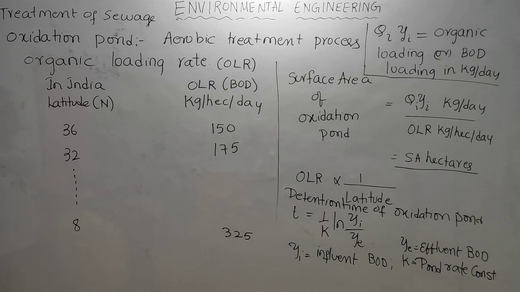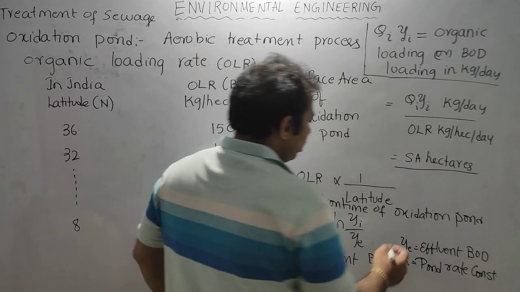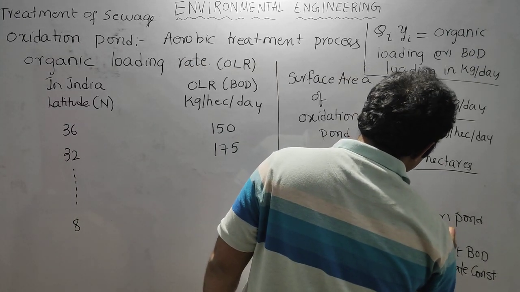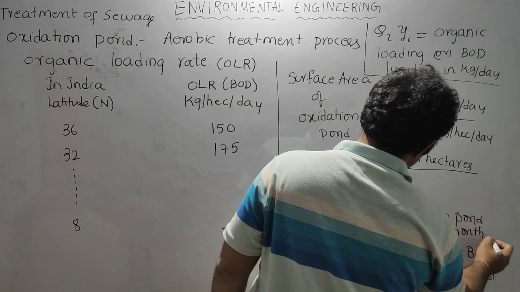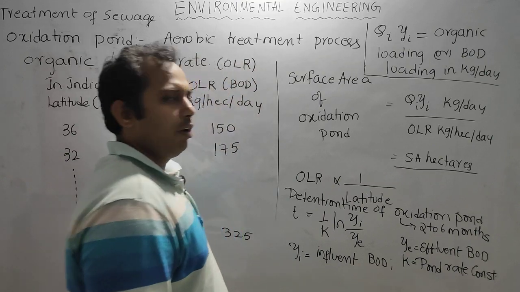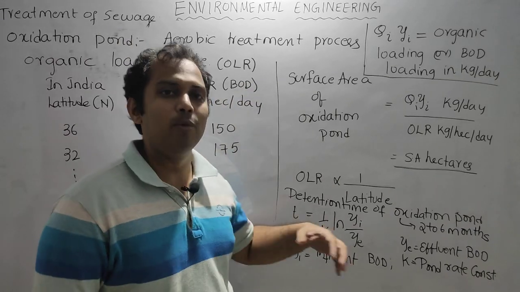If you need more effluent BOD, you can reduce the detention time. If you want less effluent BOD, you need to increase the detention time. Generally, the detention time of the oxidation pond ranges between 2 to 6 months, depending upon your BOD removal requirement.